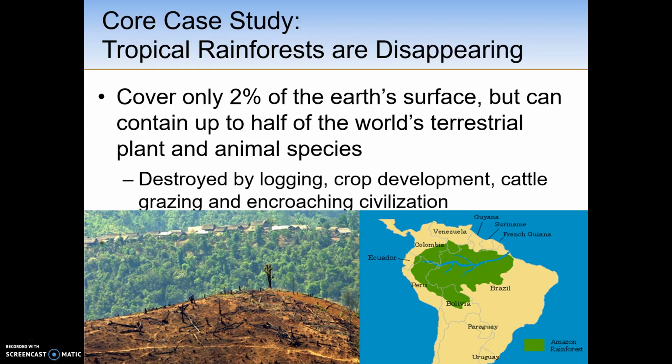Forests are being impacted by logging, agriculture, including crop development and cattle grazing, as well as urbanization and population growth. Pictured on this slide in the bottom left corner is an example of clear cutting, and in the bottom right corner is a diagram depicting South America with the extensiveness of the Amazon rainforest.